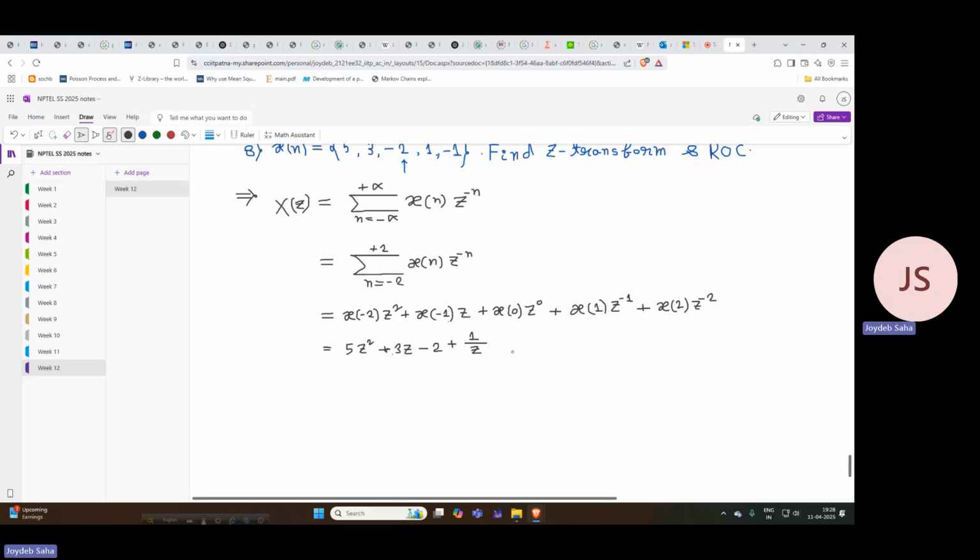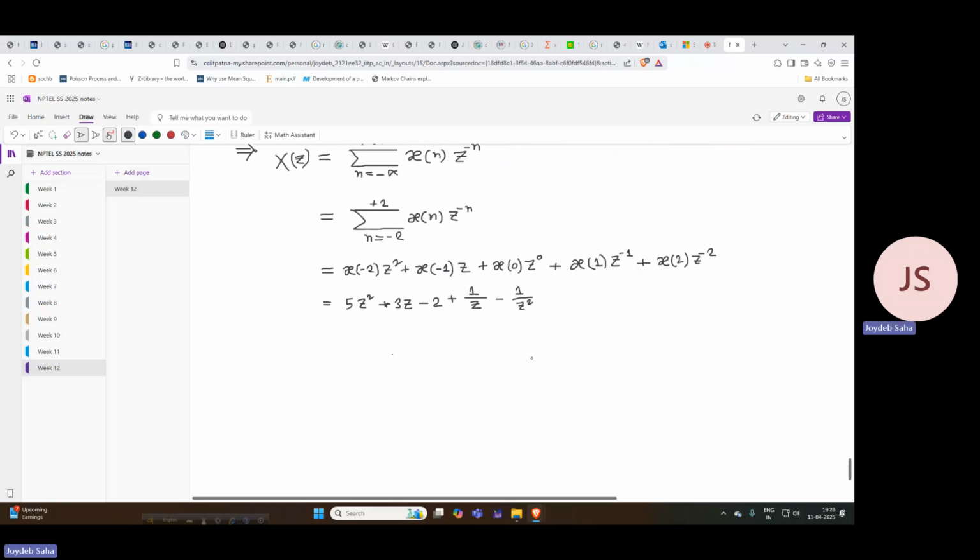And x of 2 is minus 1, so minus 1 upon z square. Okay, so as this is a finite duration signal, ROC is entire z plane.